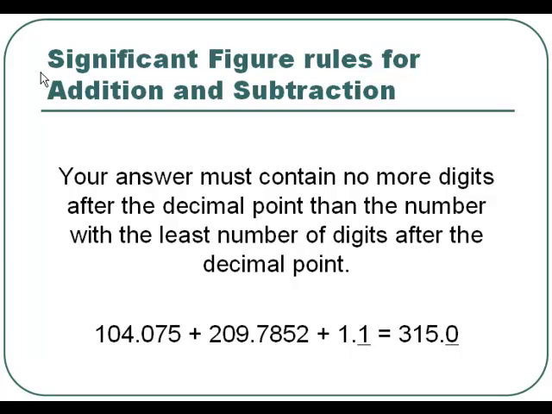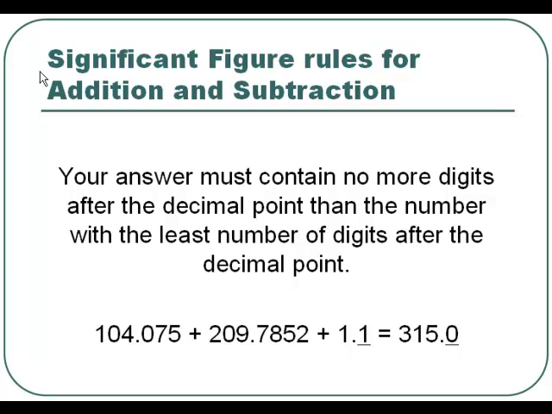Because that 1.1 was only measured to 1 digit after the decimal point. So it doesn't matter that on the other two numbers you have 852 and 75. Once you have added them, the 314.9602 needs to be rounded to just one digit behind the decimal point. And so we come up with 315.0.